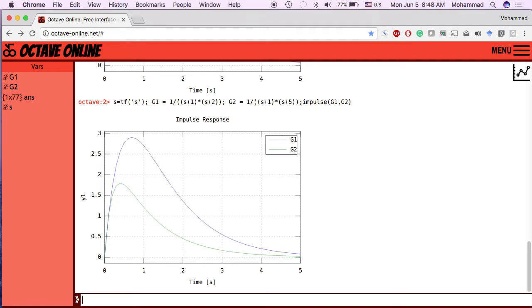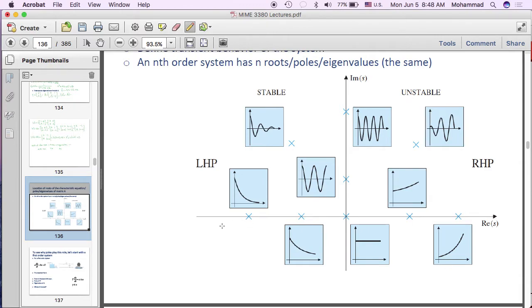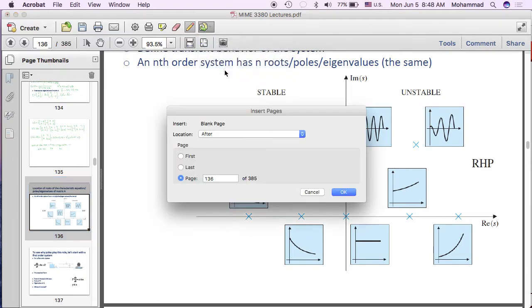The pole goes to the left, the system becomes faster. The pole goes further to the left, and the system becomes faster and faster. The question is this: if you have more than one pole, which one will determine the transient nature of the response? Which one would be dominating the response? Let's go back to our PowerPoint. We are going to talk about the dominant pole or poles.